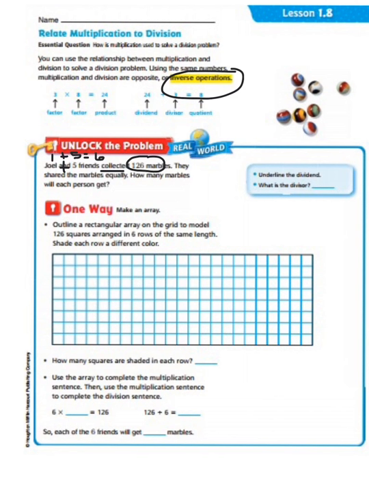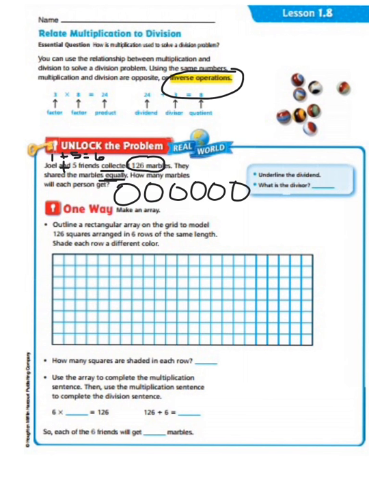Then, what did they do after they collected the marbles? They shared the marbles equally, which means that you have 1 friend, 2 friend, 3 friend, 4 friend, 5 friend, and 6 friends, and they each got the same number of marbles.